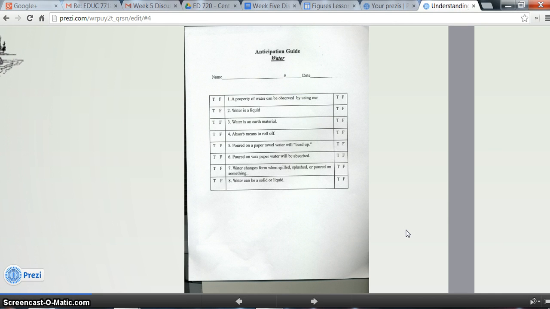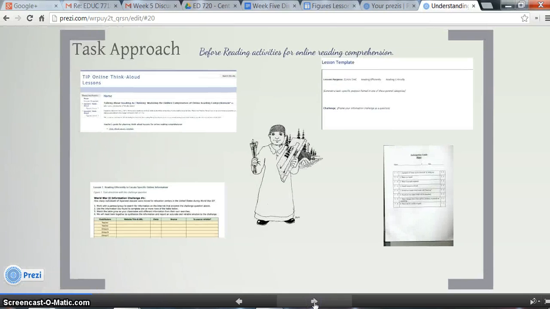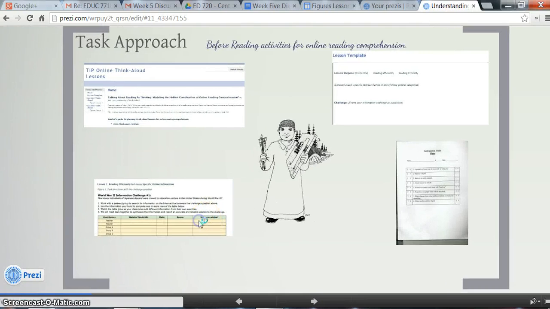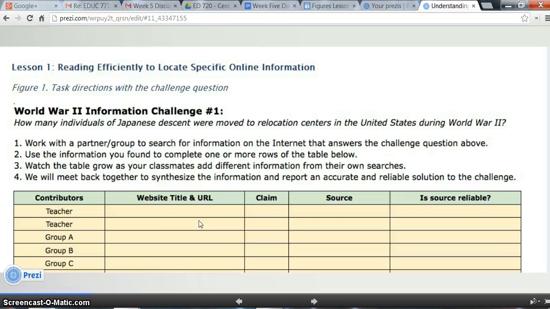Also, if you want to use a traditional anticipation guide, if the topic were, as this is, examples of the properties of water, students can identify some of the important properties of water so that as they seek information, they know that they are on track.